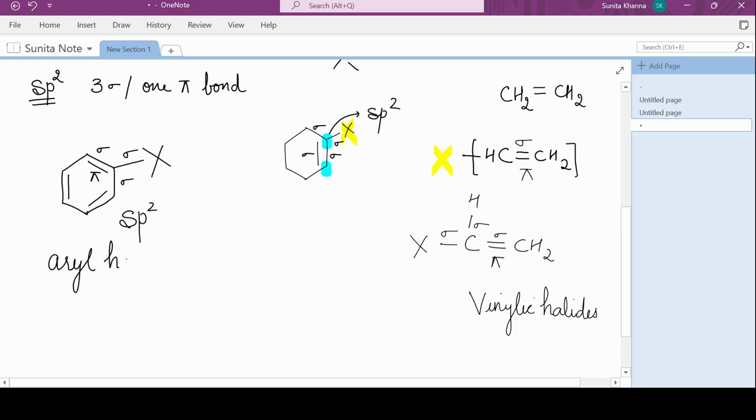This way the aryl halides are also halogen derivatives of arenes, in which the halogen is attached to sp2 hybridized carbon atom. Clear?